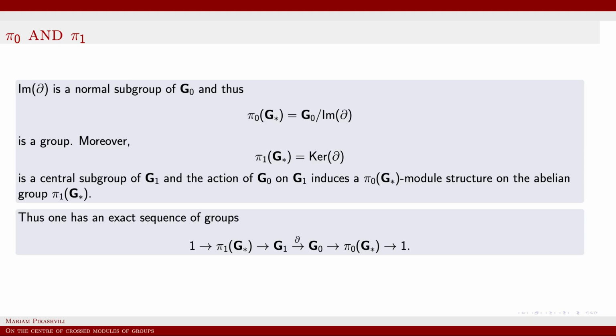The most important invariants of crossed modules are pi0 and pi1, which are the cokernel and kernel of this homomorphism, delta.